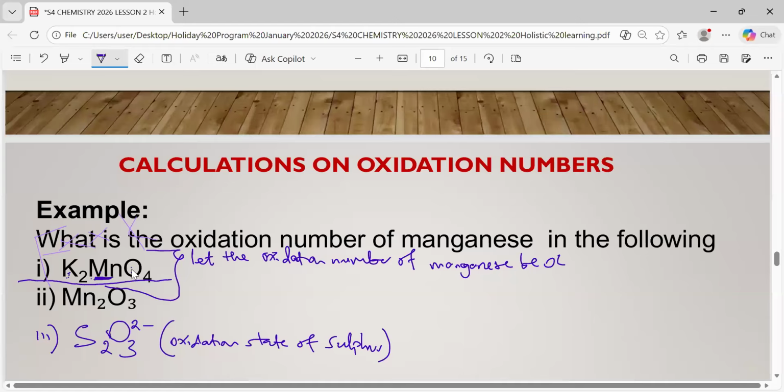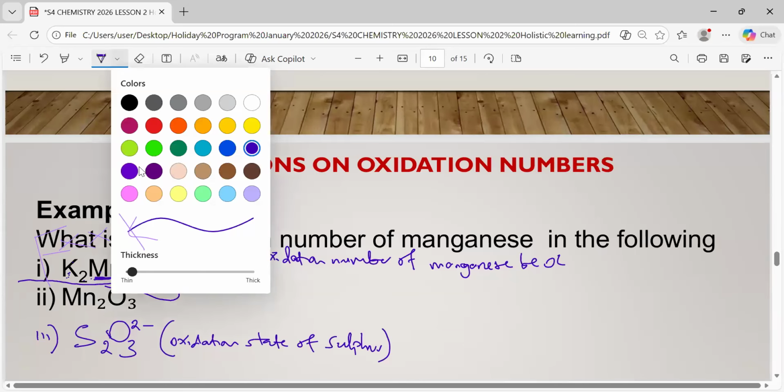It is -2, good, and I believe we know where it is coming from. But though it is -2, we have 4 oxygen atoms. And though potassium is positive 1, we have 2 potassium atoms. So what are we going to do?